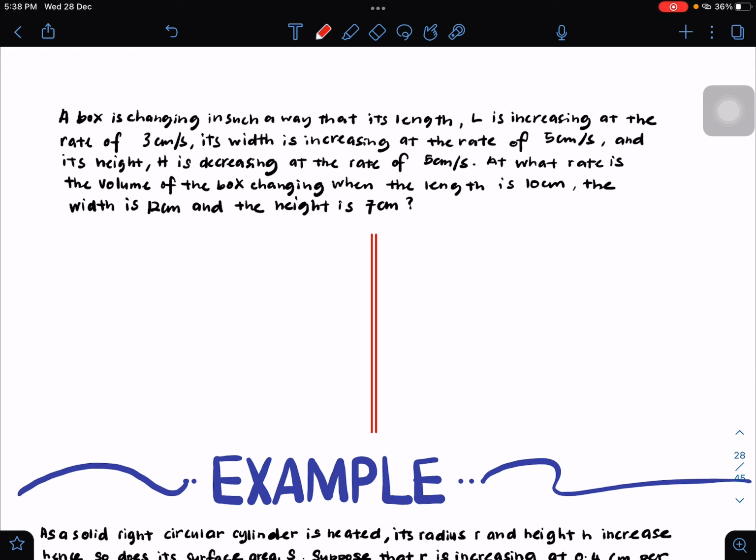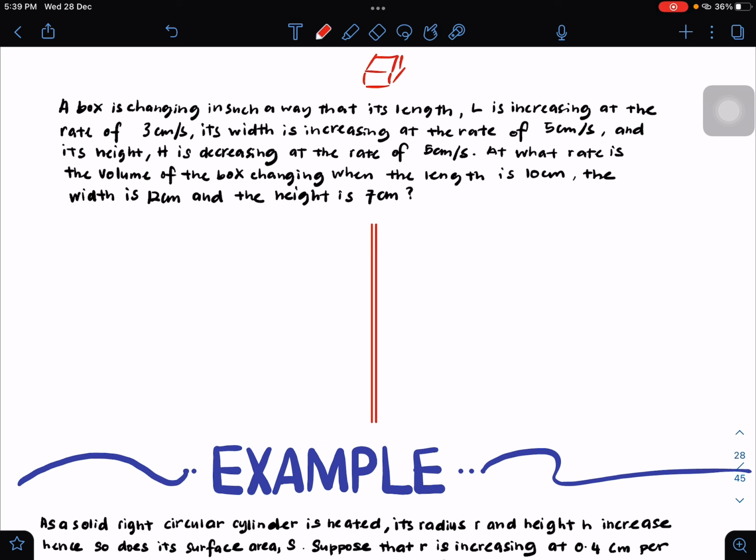First, you need to know the geometry, the shape of the container or whatsoever that you deal with. Now you are dealing with a box. When you are dealing with a box, it has a height, width, and also length, and the volume.